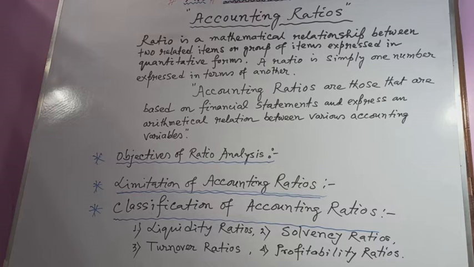Another objective, it facilitates comparative analysis. Comparative analysis means a comparison between present performance and past performance, and between self and other firms of the same industry, okay. Now next, another objective, aids in budgeting and forecasting, helpful for budgeting or forecasting purposes.